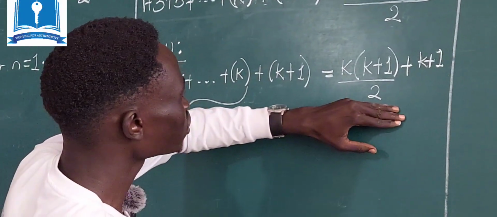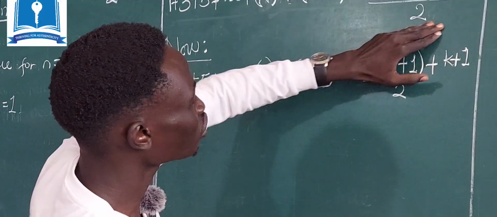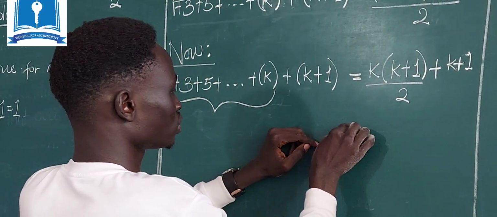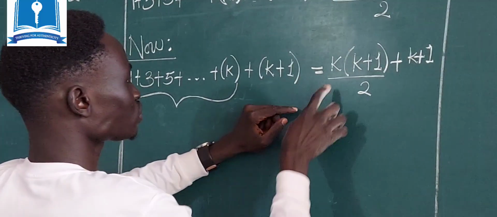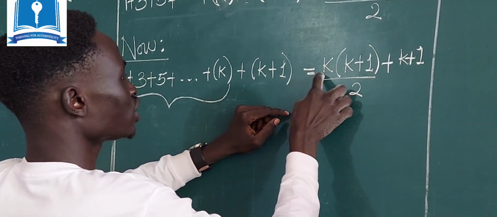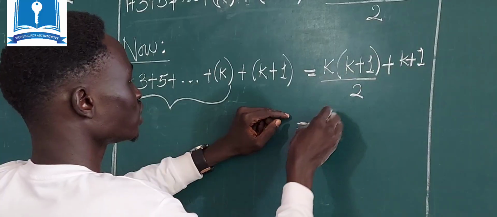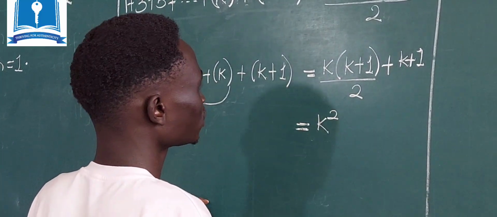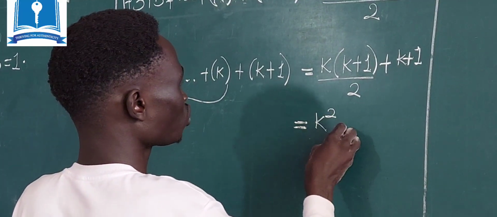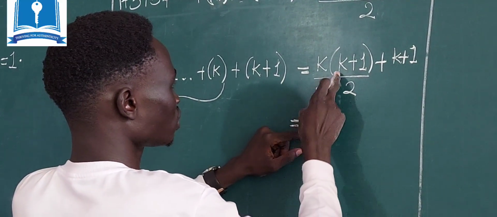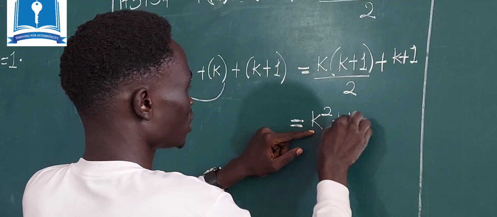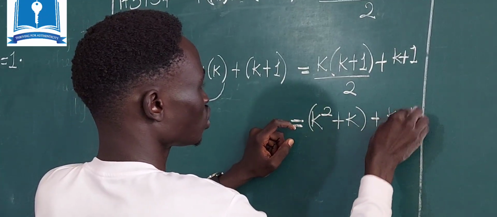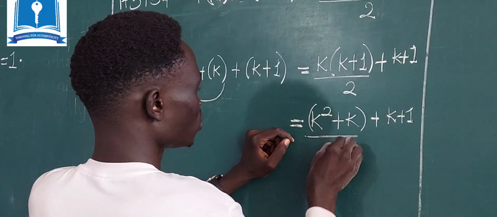So now let us solve this one. If this one will bring to us this, it will be k squared, then plus k, then plus k plus 1, over 2.